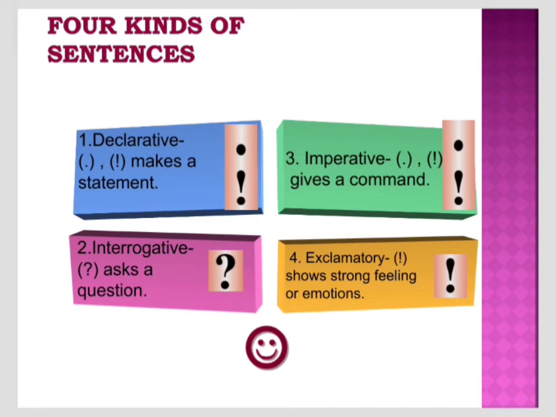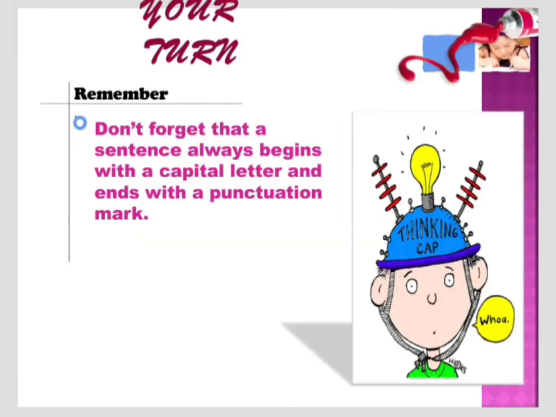Now in imperative sentences we give a command or make a request, right? And they also end with a full stop or an exclamation mark. The fourth category is exclamatory sentence, in which we express strong feelings or emotions, like what a lovely day. This is what? This is an exclamatory sentence.